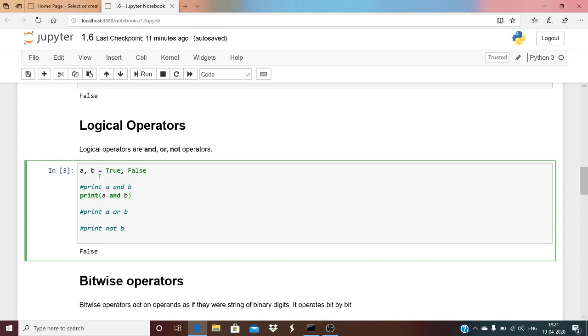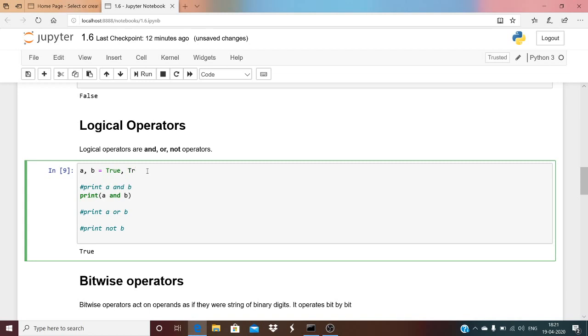So we take two variables A and B, give them true and false, print A and B. It gives value false. So if we take both true and then print A and B, it will give true, as both values are 1. If we are using AND, both must be true to get a value true.